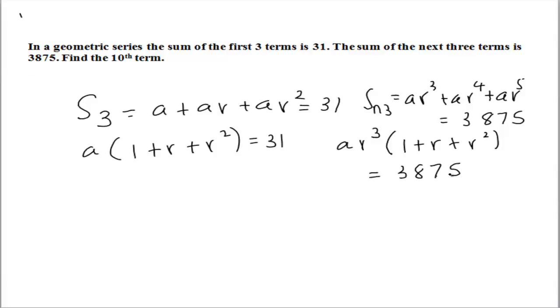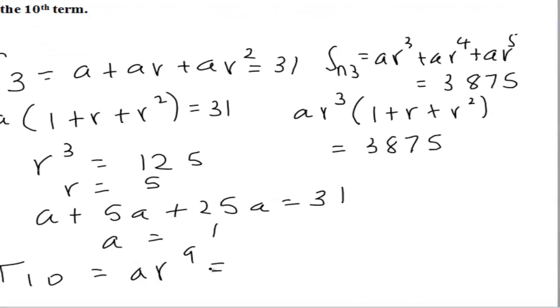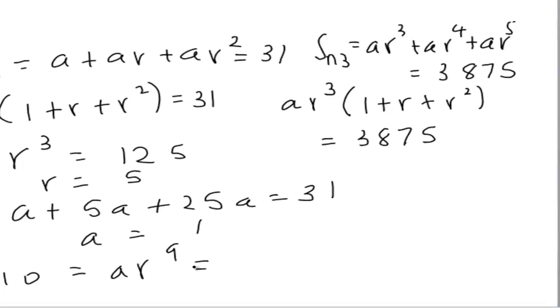When we do that, we end up with r cubed equals 125, and then r is equal to 5. Then we look for the value of a, so we substitute for r. We get a plus 5a plus 25a is equal to 31, and then a is equal to 1. Now if a is equal to 1, T10 is equal to ar to the 9, where a is 1 so you can ignore that, and then we have 5 to the index 9.